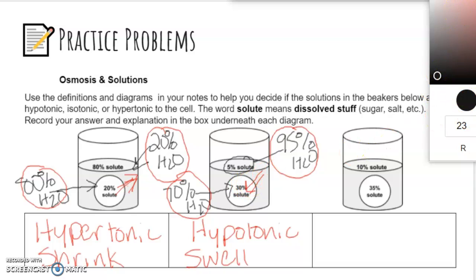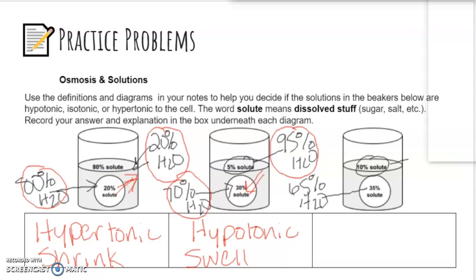All right, let's take a look here at our last one. 35% solute, which means that here we have how much H2O? 100 minus 35 gives us 65% water, and we have 10% solute in the solution, which means that it has 90% water, H2O.